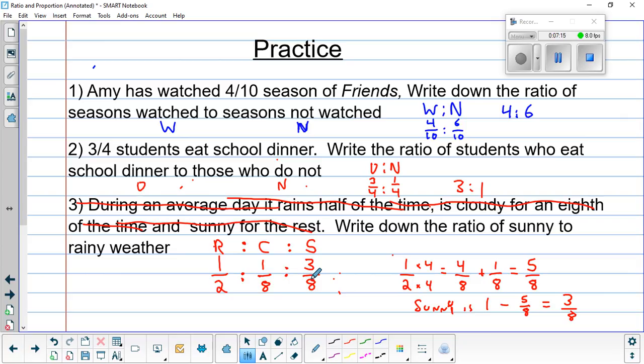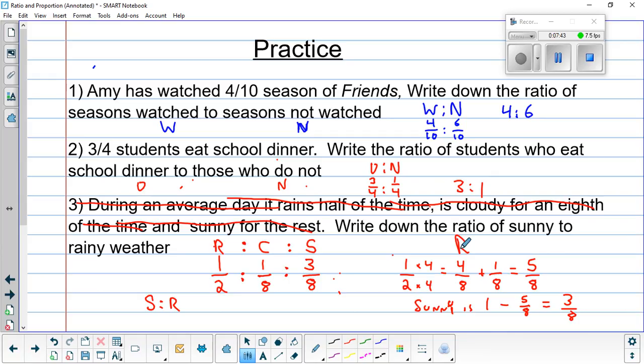And now let's actually answer the question. Write down the ratio of sunny to rainy. So sunny to rainy, we're only writing that. And remember, we're just going to drop off our denominators, right? But keeping in mind, we're talking about rainy, so we're actually going to have to write this rainy with our 4 here.